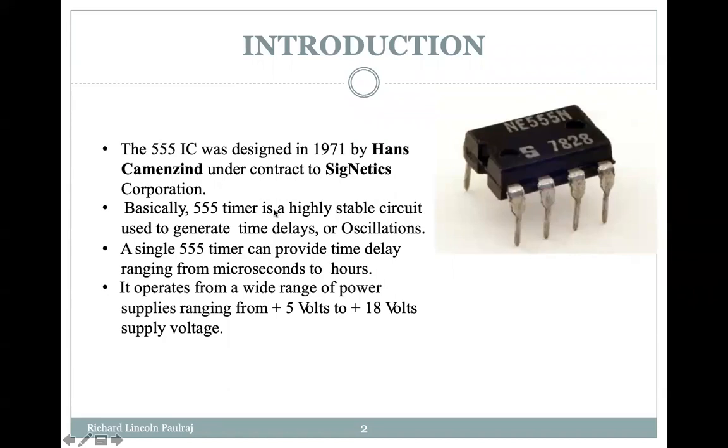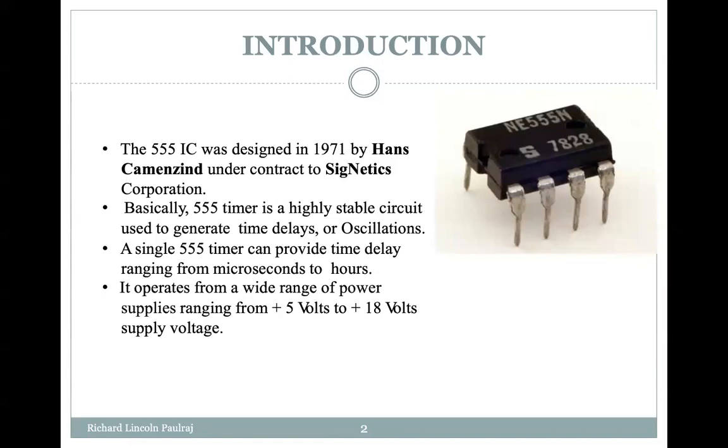This 555 timer is a highly stable circuit which is used to generate time delays. So if you have certain circuits and you want to generate some time delays, then this is possible.